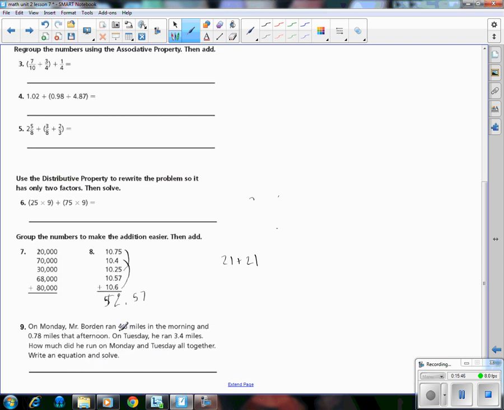So if we look at these two distances that he ran, we see that we have 4/10 here and 6/10 here. We'll go ahead and group those together because we can add those mentally. So 4 6/10 plus 3 4/10 plus our third distance, 78 hundredths.